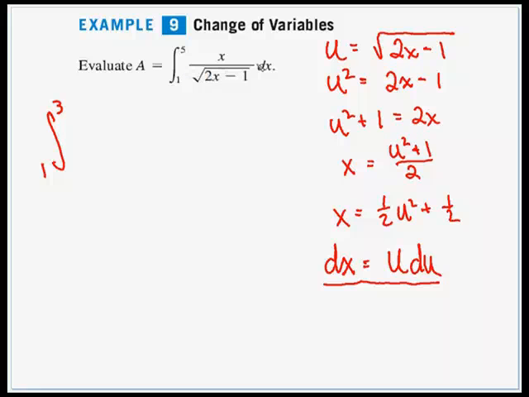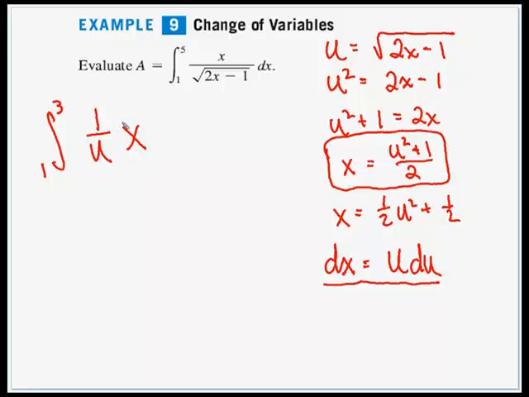And let's see here, our u substitution is this radical, and that was in the denominator. So we could look at this as 1 over u, and then we have our x out here. And we did solve for x right here, (u squared plus 1) over 2.